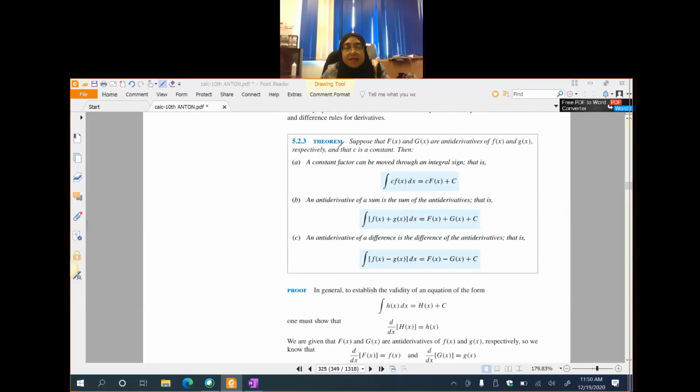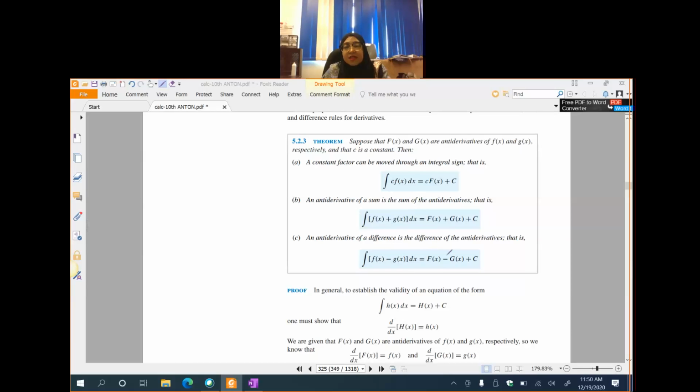Then these are the theorems. If you have a constant c under the integration sign, you can always take out the c. If you have addition of functions, you can always segregate them, and for subtraction as well.